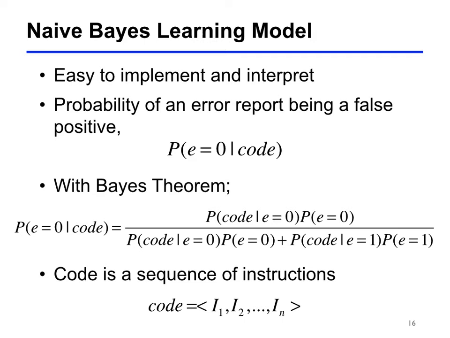We unfold this formula using Bayes theorem as the probability of code given the error report is a false positive, multiplied by the probability of an error report being a false positive, divided by the probability of code given the error report is a false positive multiplied by the probability of being a false positive, plus the probability of seeing this code in a true positive multiplied by the probability of a true positive. To compute these probabilities, we formalize the code as a sequence of instructions.